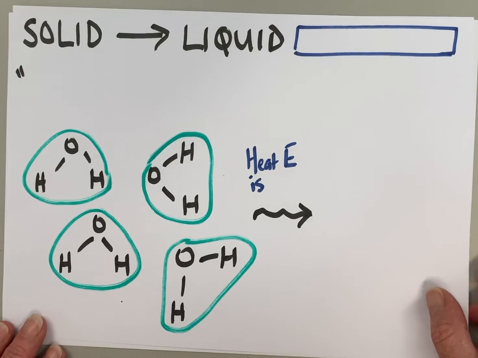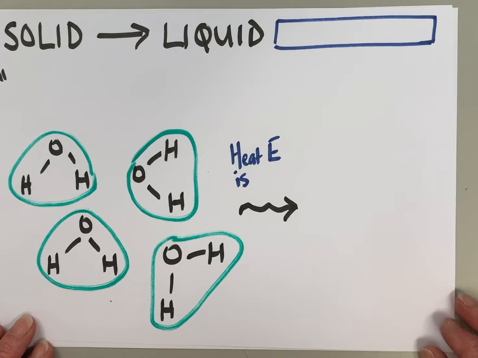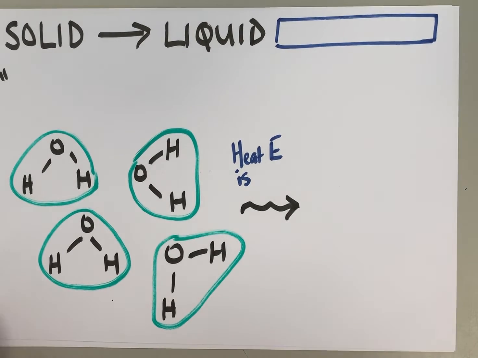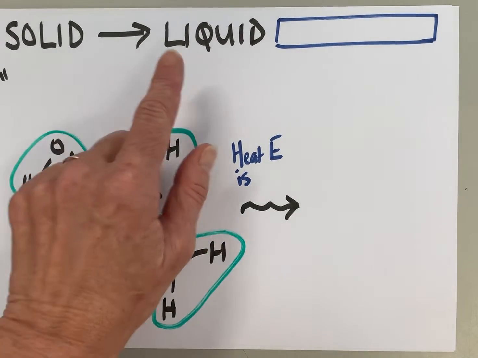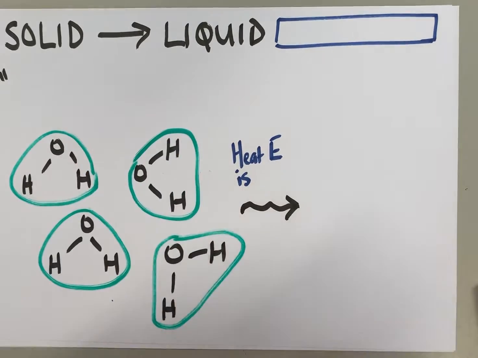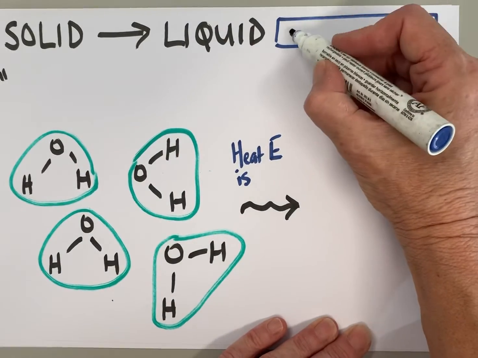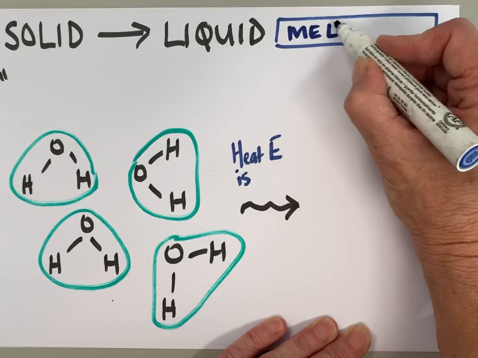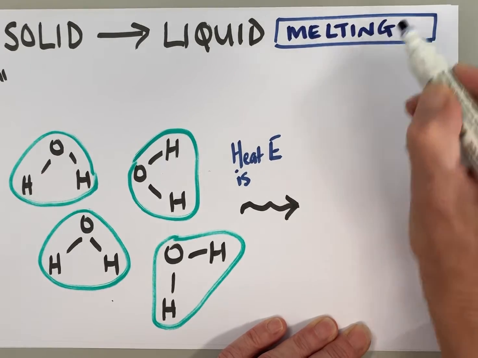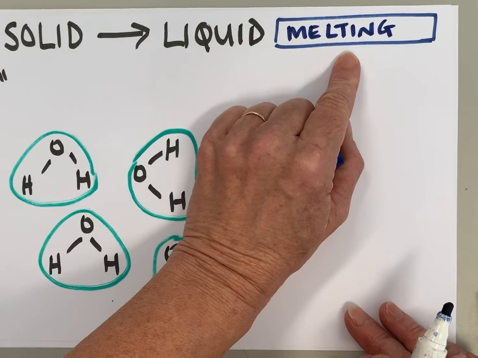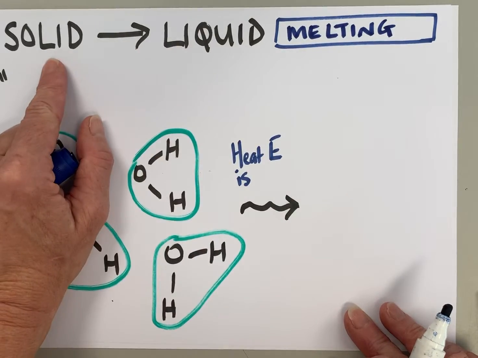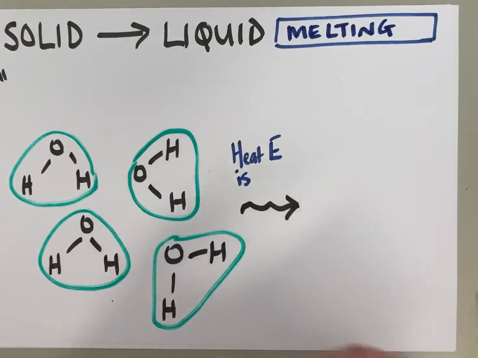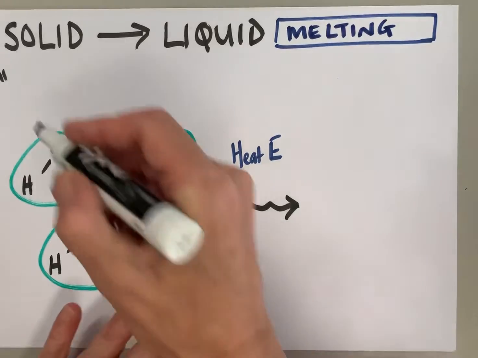But this is the new part for today. When a solid changes to a liquid, the word that we use to describe that is melting. So that's the name of the process that changes the solid to the liquid. There are two words to describe this.